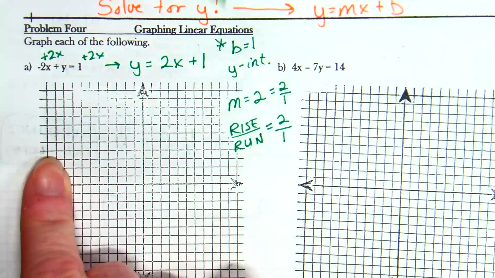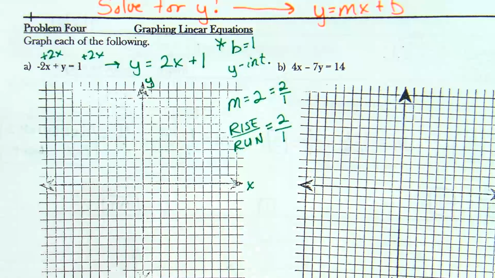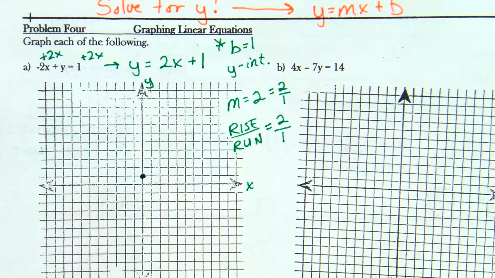Where is a y-intercept of 1? X-axis goes across. Y-axis goes up and down. So a y-intercept of 1 is up 1. And a slope of 2 over 1 means from this point I'm going to rise 2, run 1.